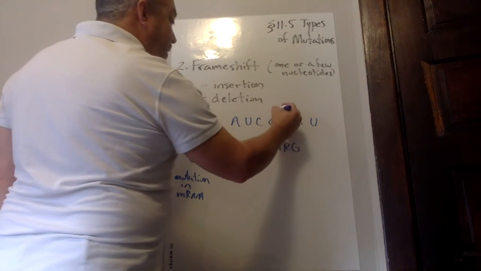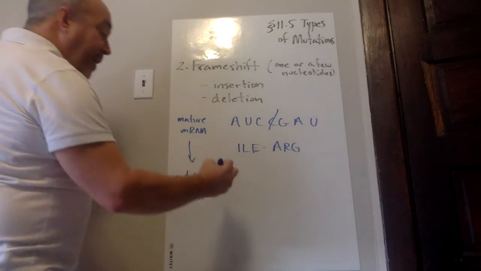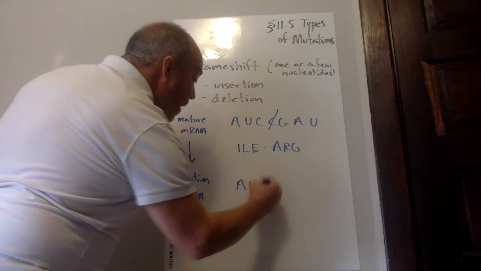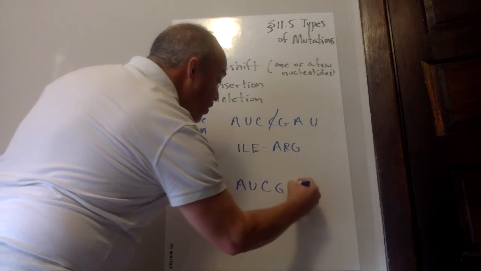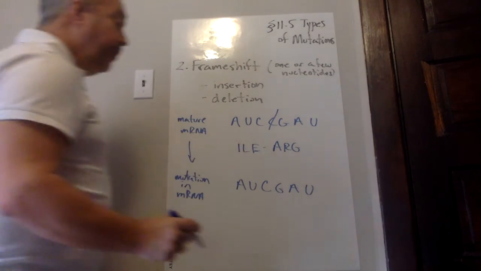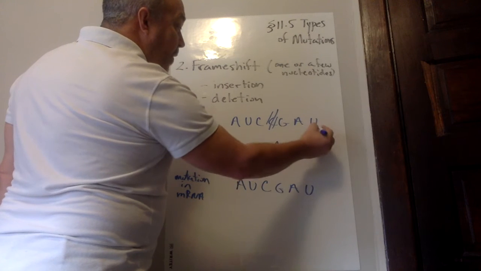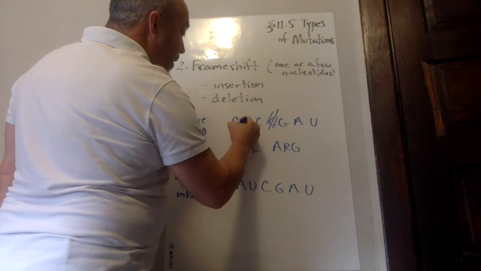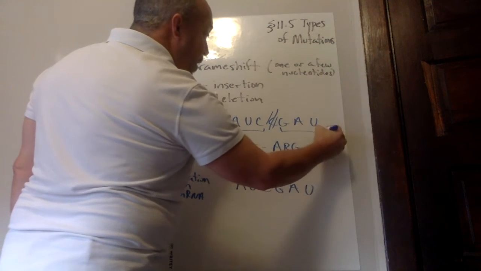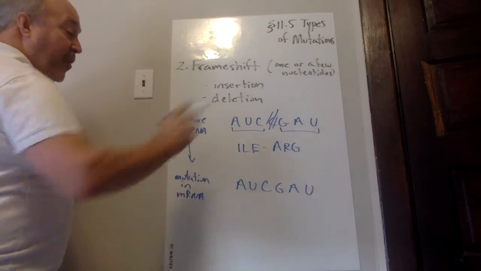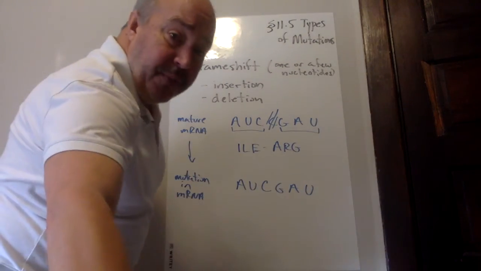So let's say that there is a deletion. That means everything's going to move over one. Now you have A, U, C, G, A, U. So you notice, with this gone, this becomes the new next codon. So codon 1 stays the same, but codon 2 is changed. Matter of fact, every codon from here on out is going to change.